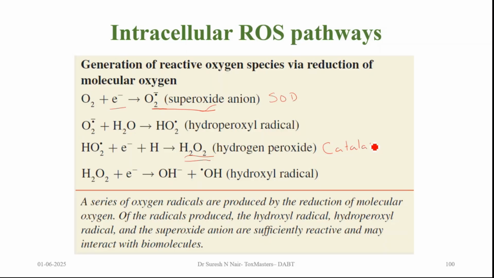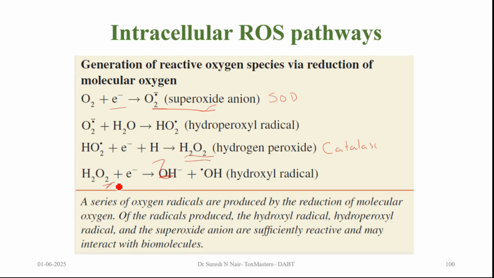Superoxide is actually neutralized by the superoxide dismutase enzyme, and catalase is capable of converting the hydrogen peroxide to water and molecular oxygen. And this H2O2 itself can propagate this as a chain reaction.